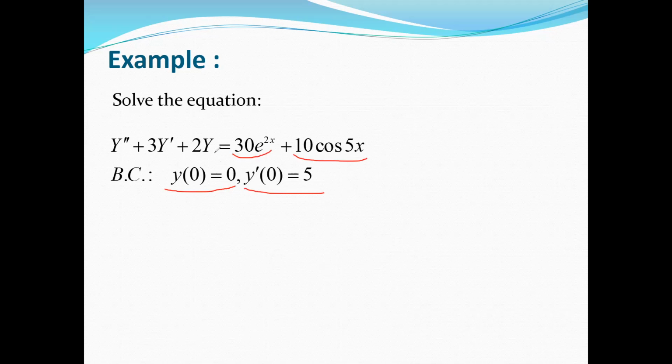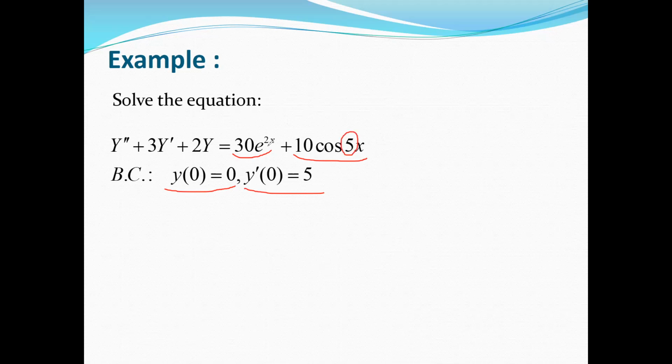So as you can see, this is a non-homogeneous equation, so it has homogeneous and non-homogeneous responses. The total solution is equal to the homogeneous plus the non-homogeneous or particular solution. For the particular solution, we have an exponential function plus another part, which is a harmonic combination of cosine and sine functions with frequency 5.